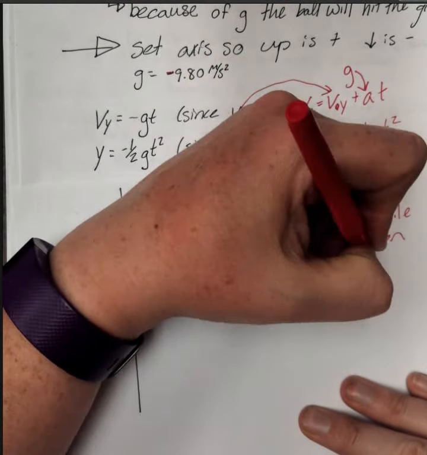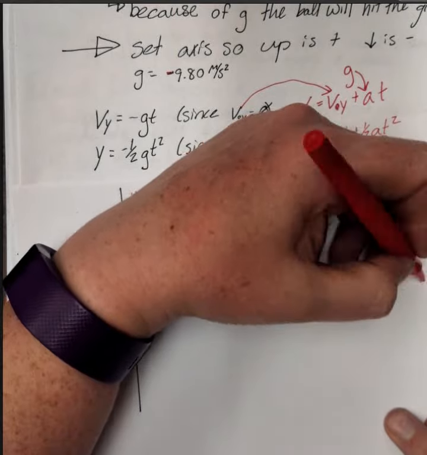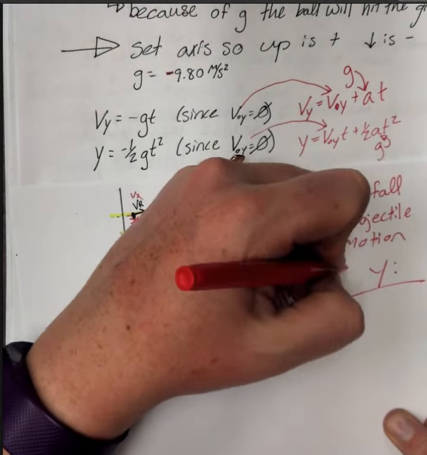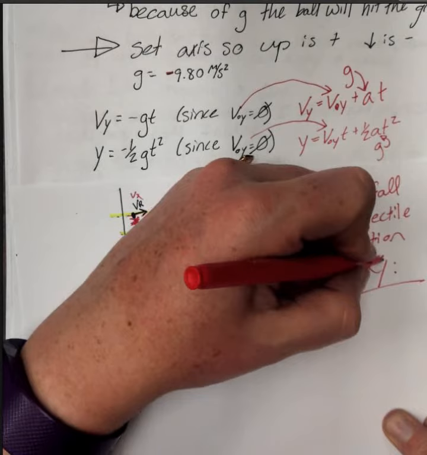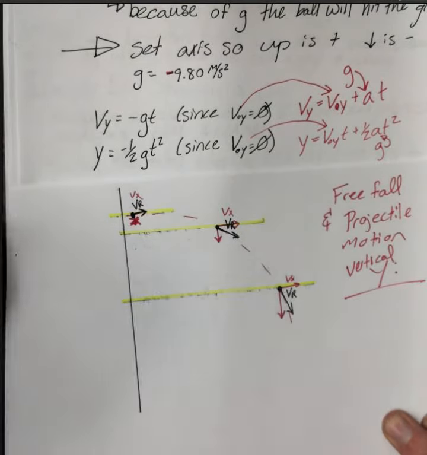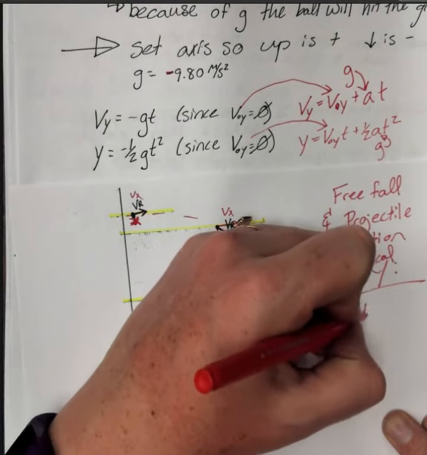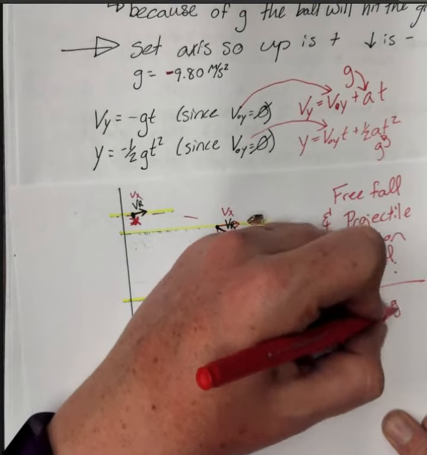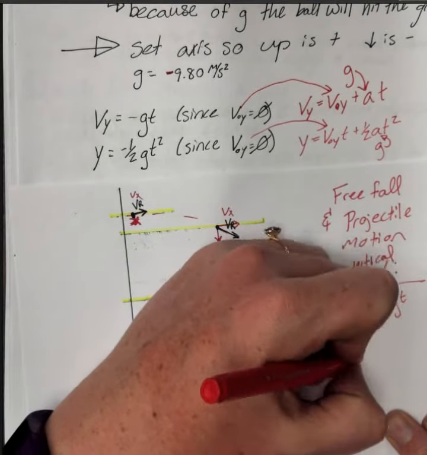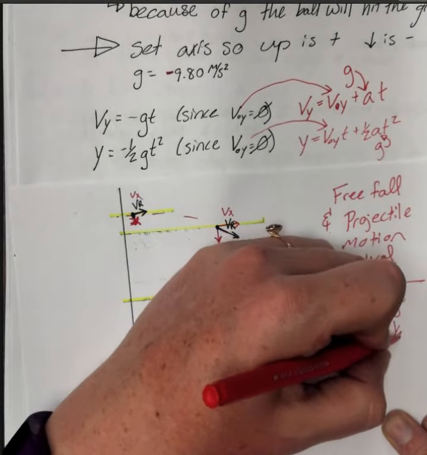In the y direction, or falling vertical, our kinematic equations that we can use to solve are vy equals negative gt and y equals negative 1/2 gt squared.